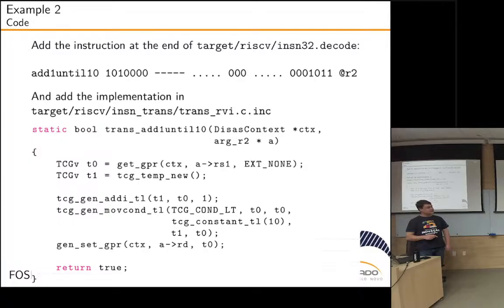We will add 1 to the value of the register, and then we will use a move conditional to compare 0 with a constant 10. And if it's less than 10, we move the added value to T1. And if it's not, we will keep T0, that is the original value. Then we set the register again, and we return true to tell the decoder that we were successful at decoding this instruction.